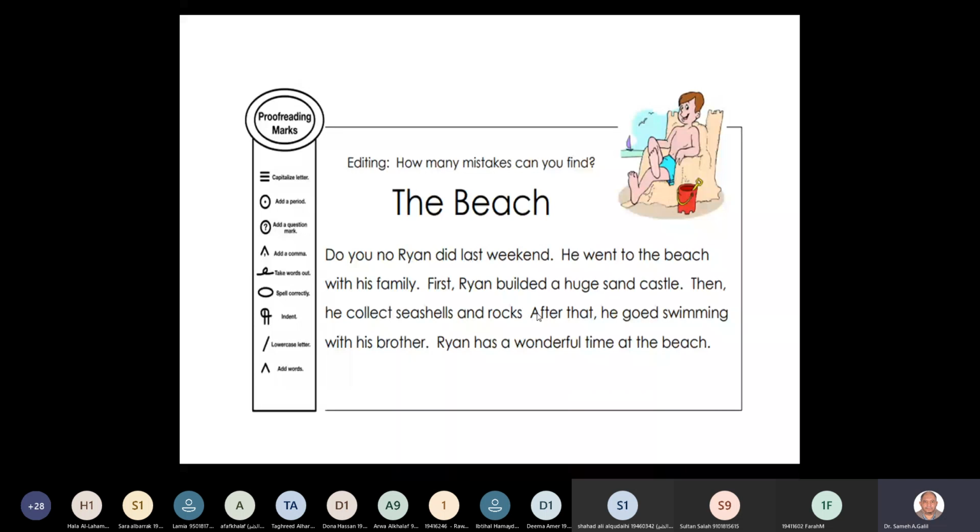Just focus, look at the screen and edit the passage in front of you. Doctor, can I answer? Not yet. I said a minute. I'm giving you a minute.